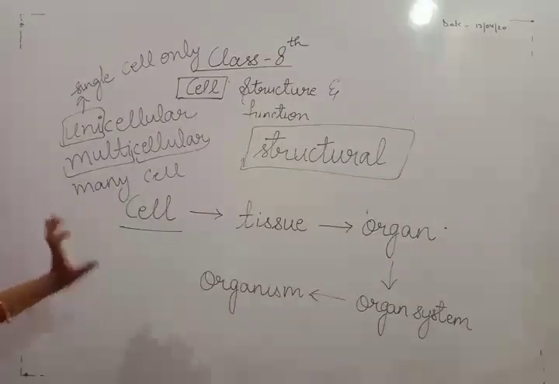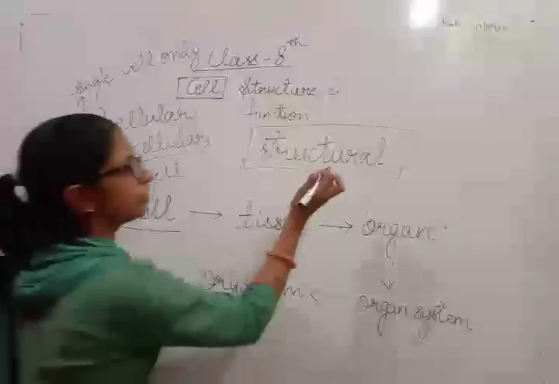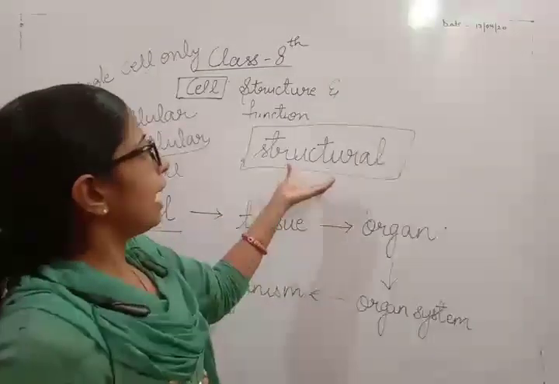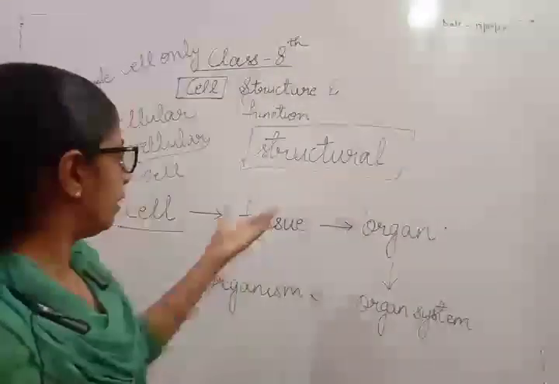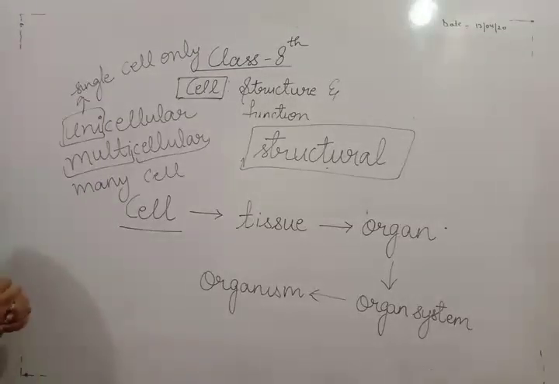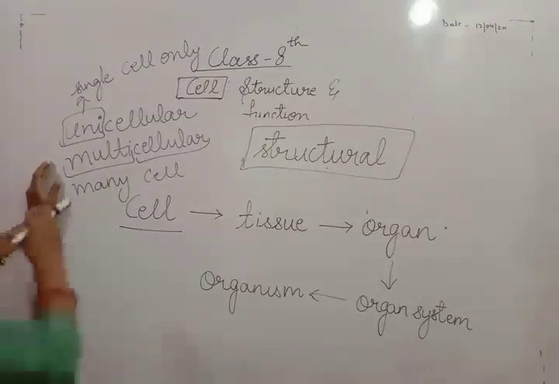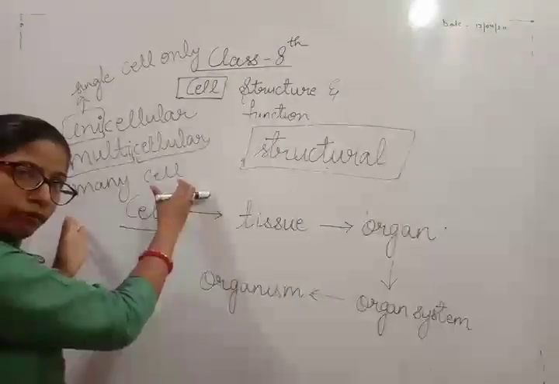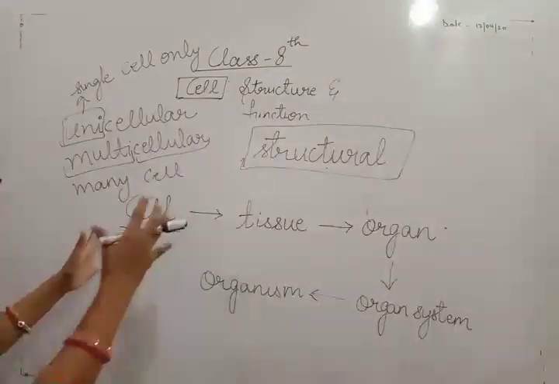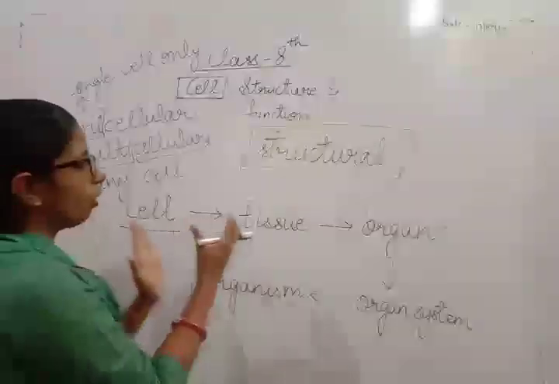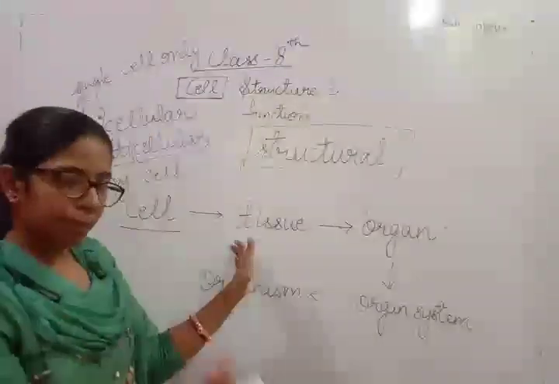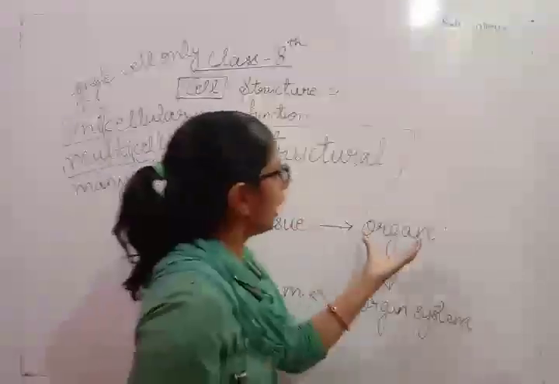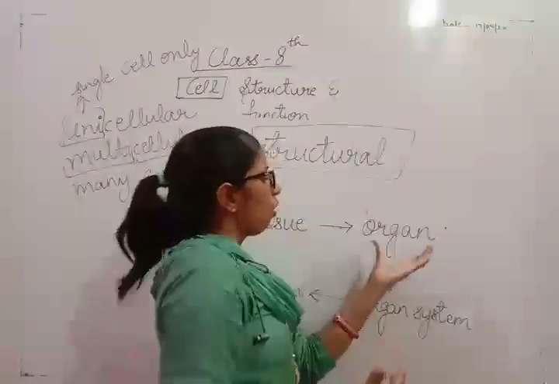Okay, so now back to the point, structural. Why are we saying cell is the structural unit? As we have seen here, multicellular organisms are formed from different types of cells. Cells of the same type form tissue to perform a particular function. Different tissues come together and form an organ.